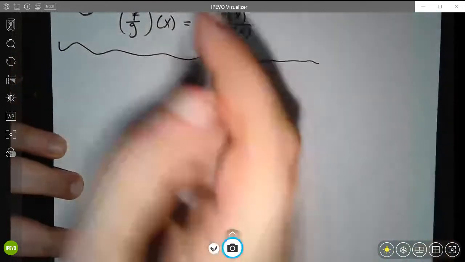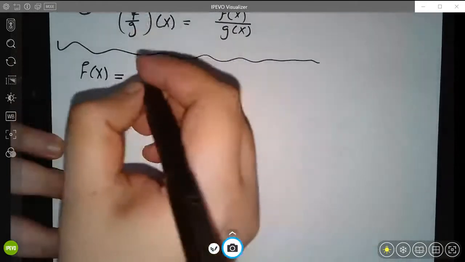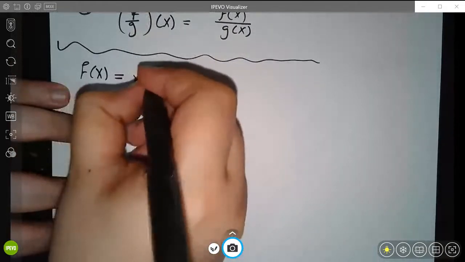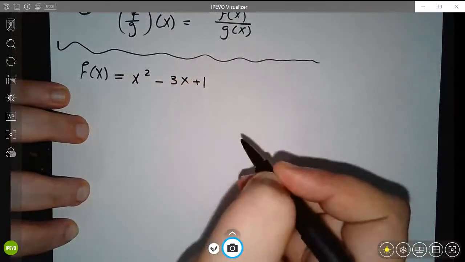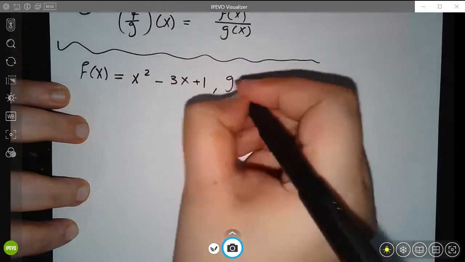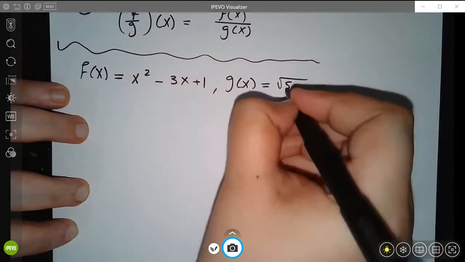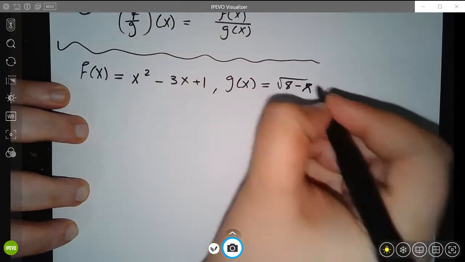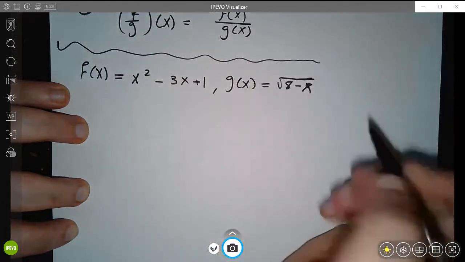For these questions, you were given f of x to be x squared minus 3x plus 1, right? Now, g of x is the root of 8 minus x, the whole thing under the root.